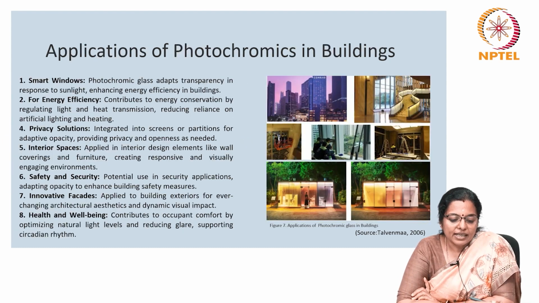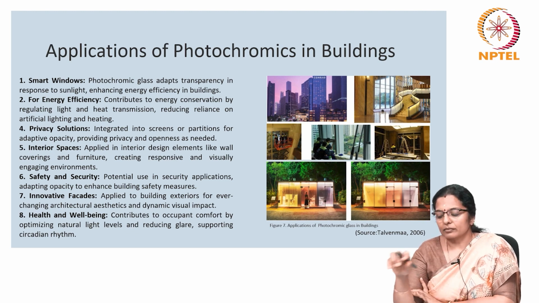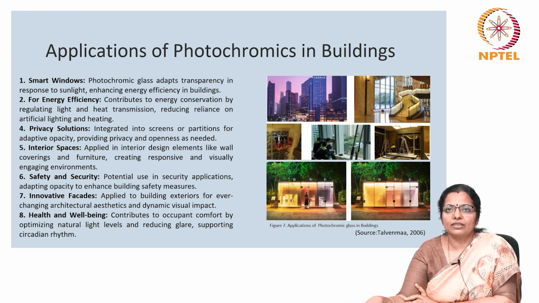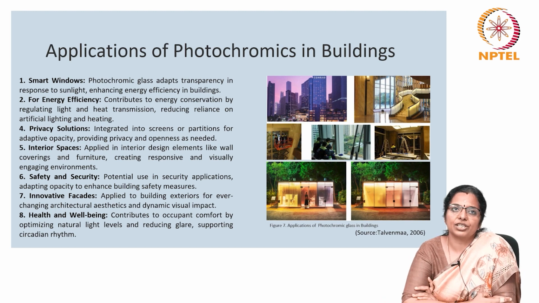Let us look at the applications of photochromics in buildings. Now, photochromics find versatile applications in buildings, notably through smart windows that dynamically adjust transparency in response to sunlight, contributing to enhanced energy efficiency.